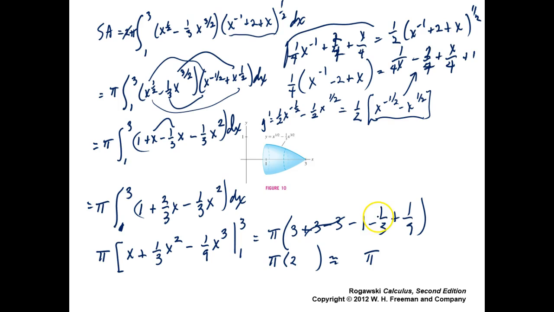Okay, and we have a minus 3/9 plus 1/9 would be a minus 2/9. 2 minus 2/9, which will be 1 7/9 pi, which I'm guessing they will do 16/9 pi. Is that more like? Yes, that's what they get. All right, good deal. The hard part there is fractions. That's usually the case, isn't it?